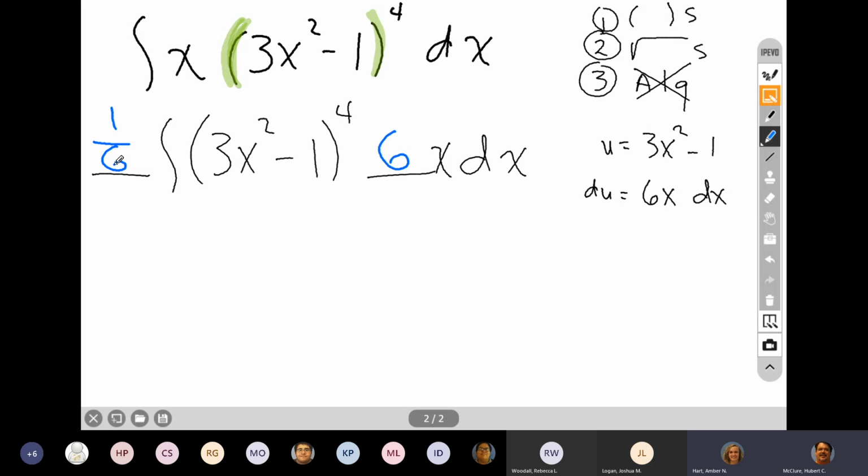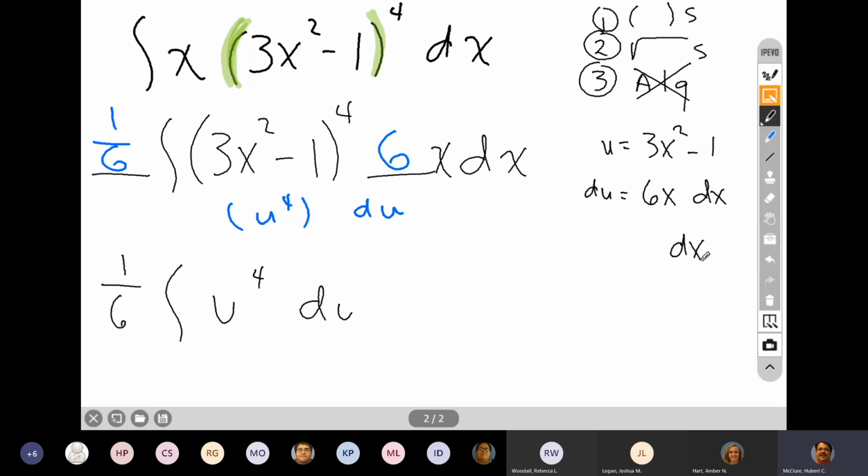And now I have u to the 4th du. And now I can do 1/6 antiderivative of u to the 4th du. Now again, if you wanted to solve this for dx, I'll do that for you. dx is equal to du over 6x.